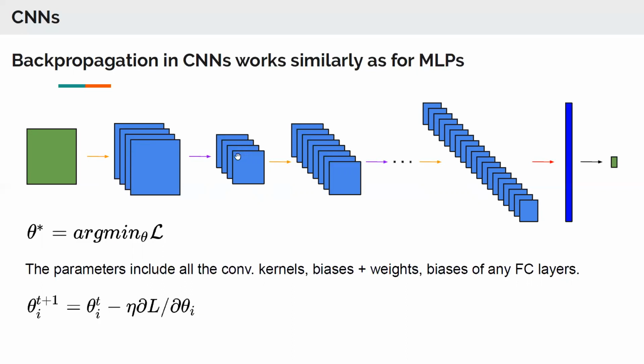But we have convolutional layers, which have their own convolutional kernels, and the values of those kernels are learnable, and then we keep doing this. So the question is how to learn the values of the convolutional kernels, the biases, plus the weights and biases of any fully connected layers that we can have at the end.